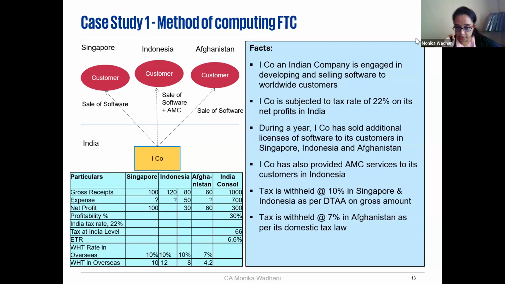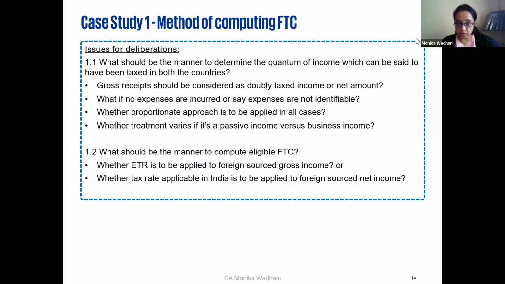Now, the question here is whether you will apply this 6.6% on the gross amounts, which are 100, 120, 80, 60, as the case may be, or whether you will first proportionate the net profit for each of these jurisdictions and then apply the tax rate of 22% directly on that particular proportionate income. So what should be the manner to determine the quantum of income which can be said to have been taxed in both the countries?